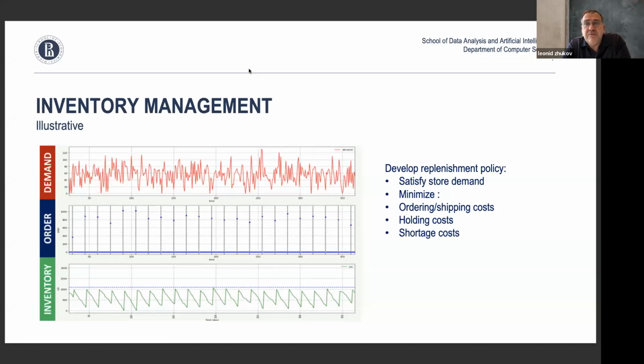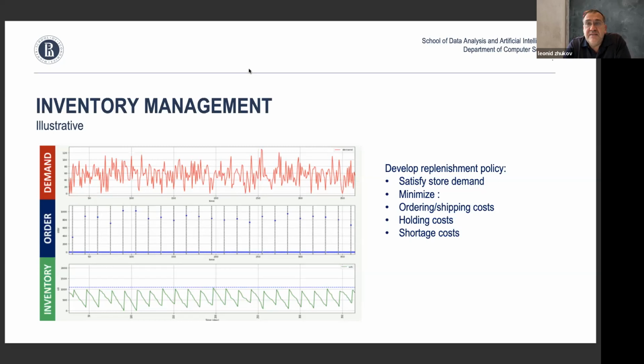So to do this, you need to understand demand. And so again, it starts with planning the demand, predicting the demand, and on the top we're showing some demand history for certain items in a certain store. And then there is the ordering policy, right? The brute force ordering of, yeah, let's just order the same amount of stuff all the time.